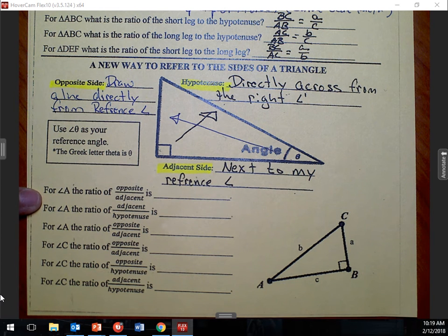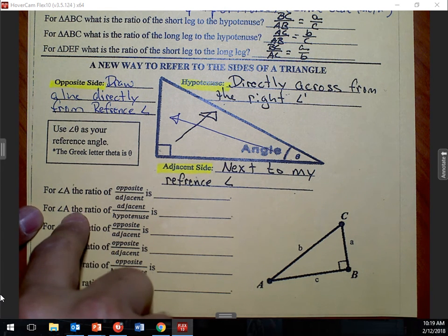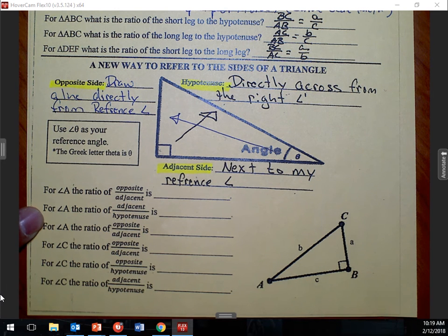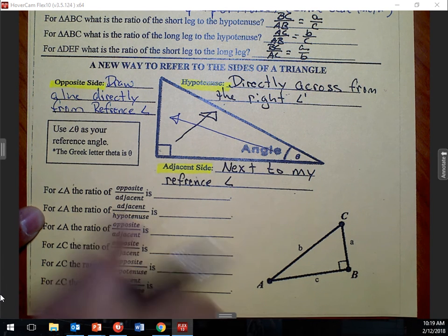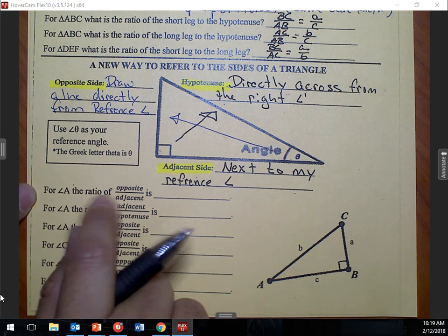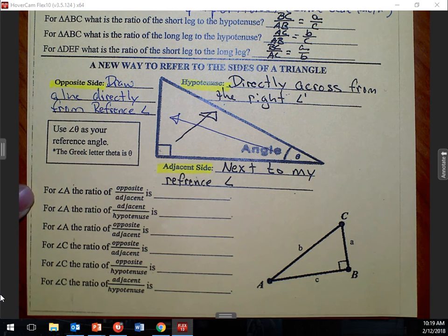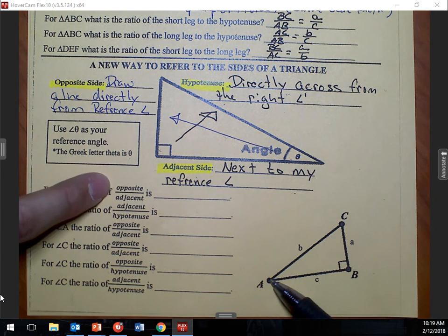All right, so let's take a look at this next one over here. Now, for angle A, A is my reference angle here. That's important, so I'm actually going to change it down here. For angle A, the ratio of opposite to adjacent. If this is my reference angle, which one is opposite little a?